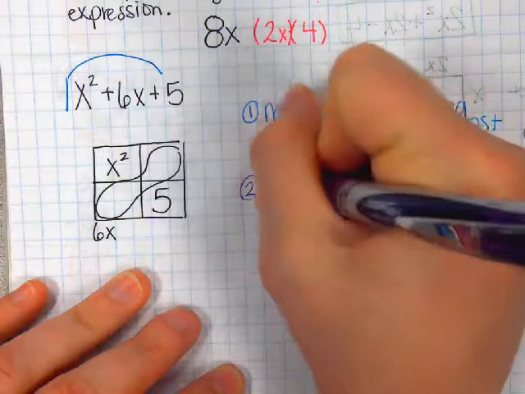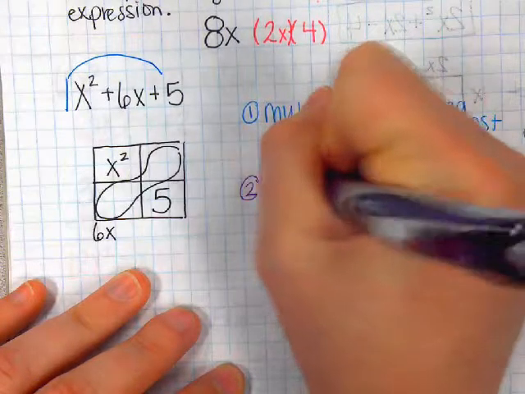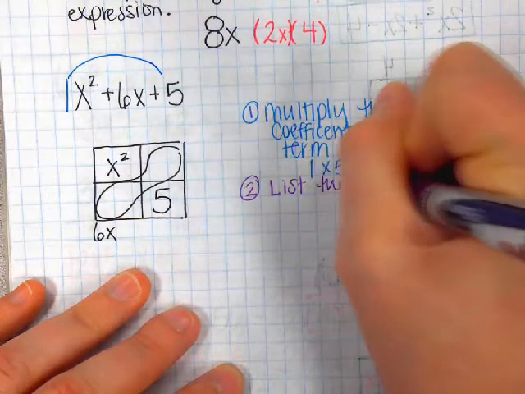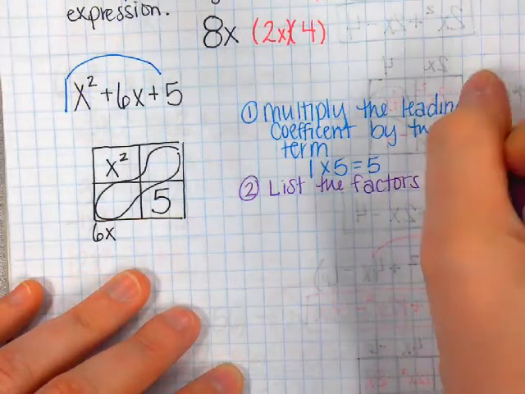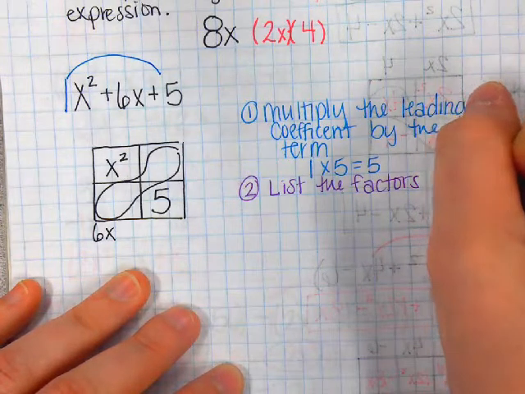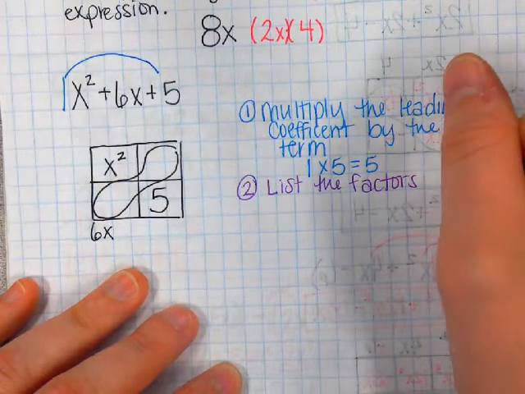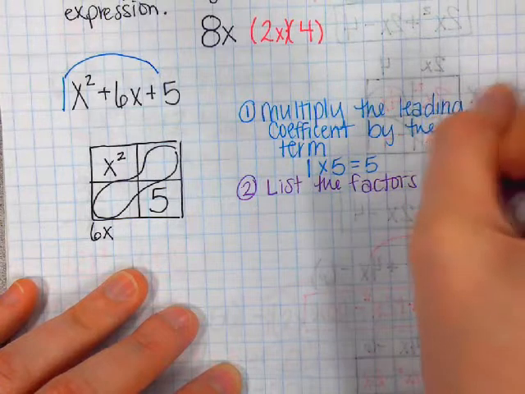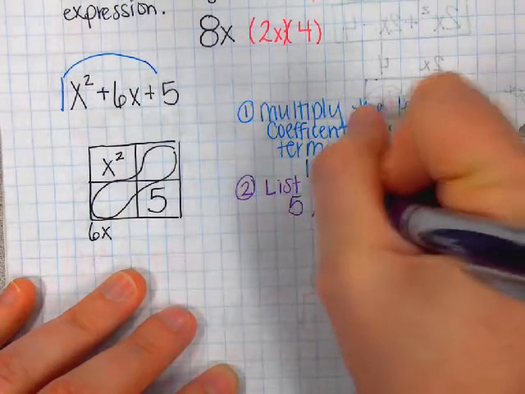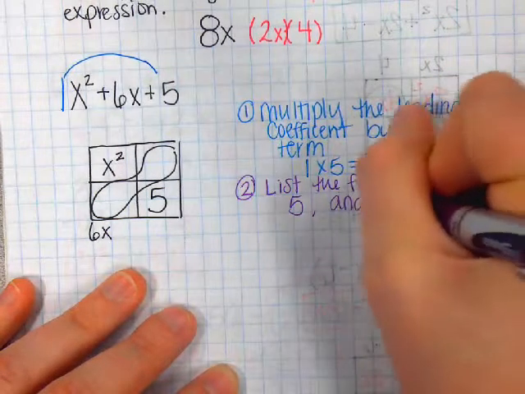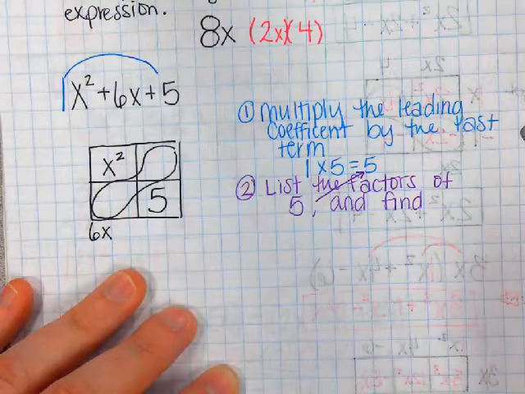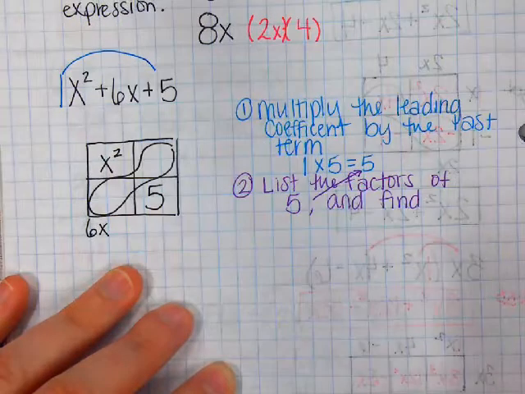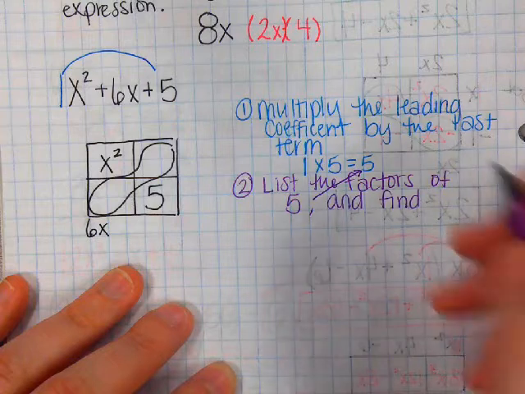Okay, so then the next step you need to do is list the factors of 5, and that's from that right there.